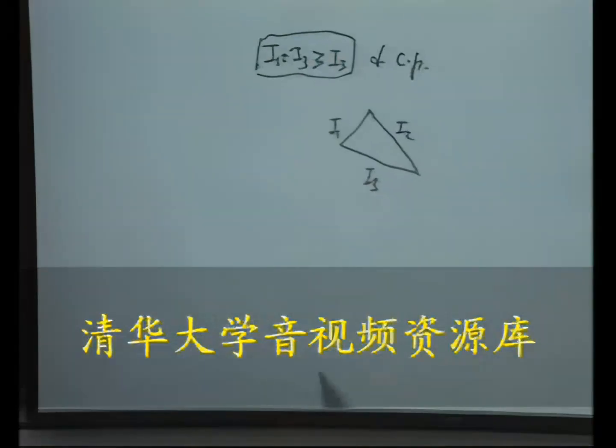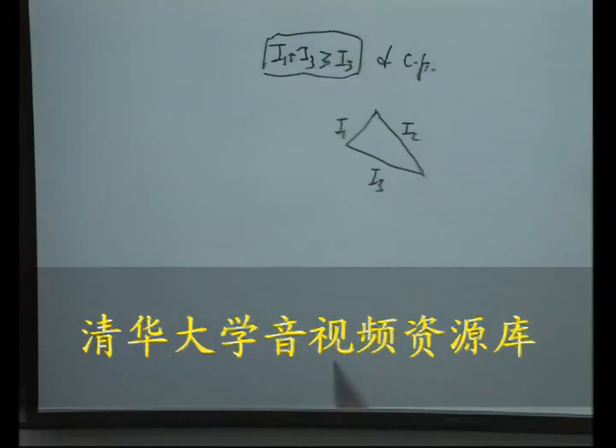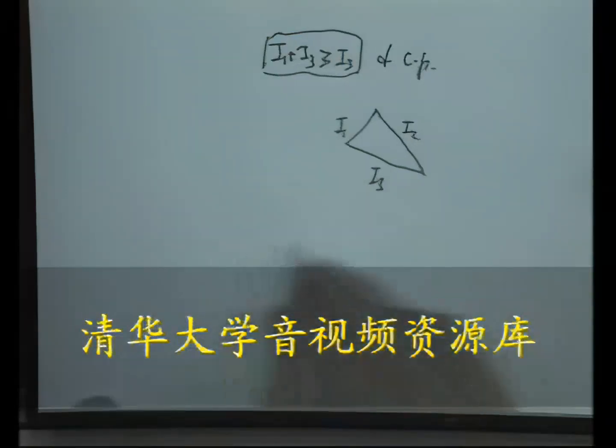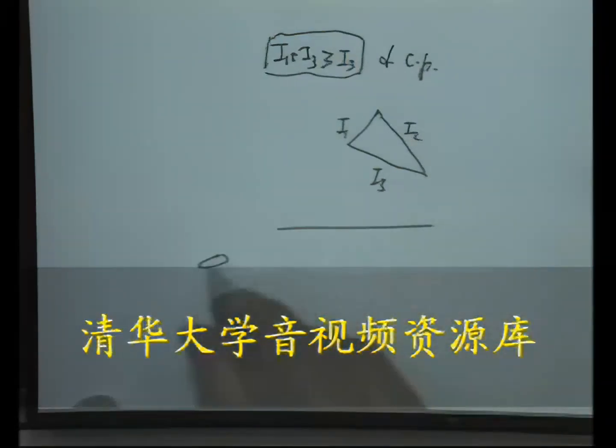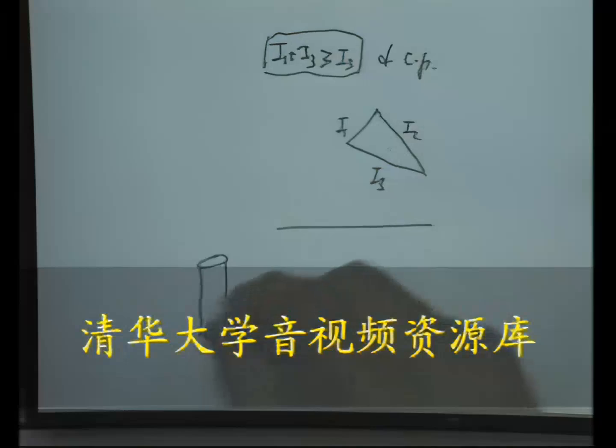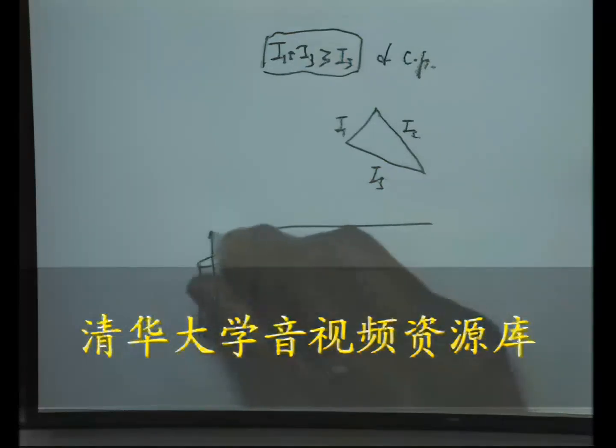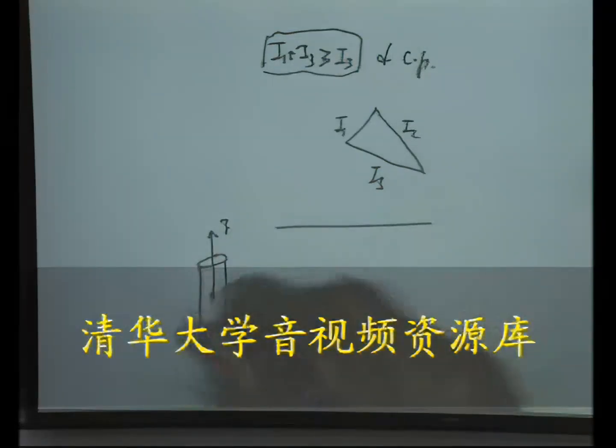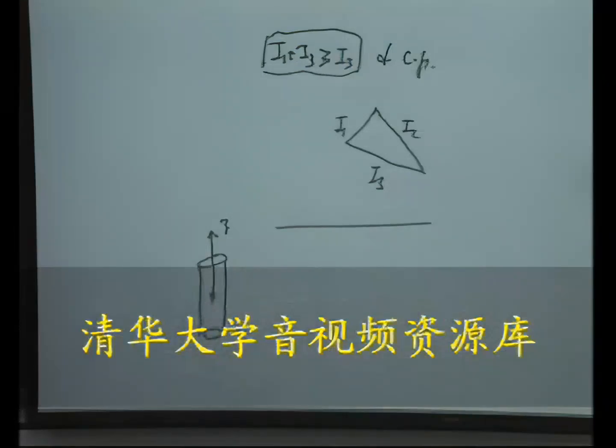Now, let us consider a cylinder. Let this be the z-axis. This is its center. Is it obvious that the z-axis is a principal axis of inertia?